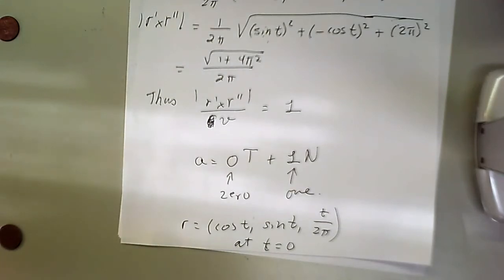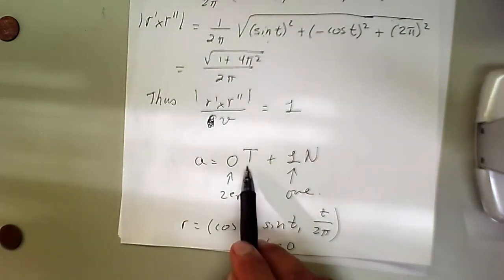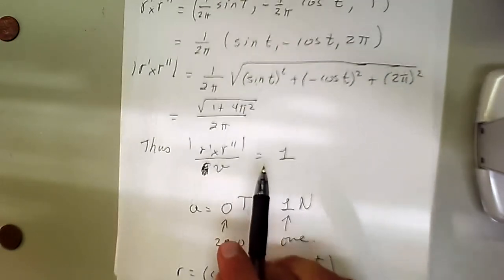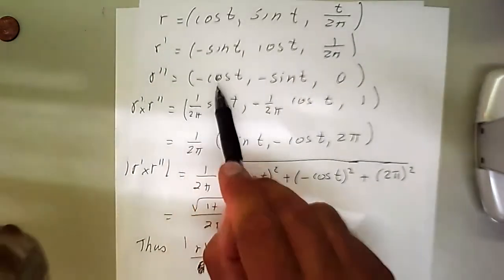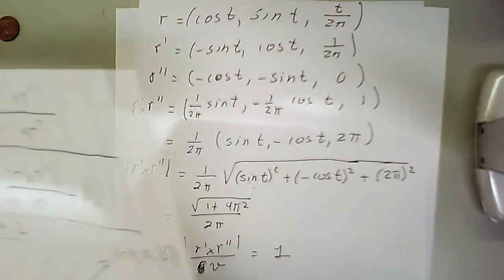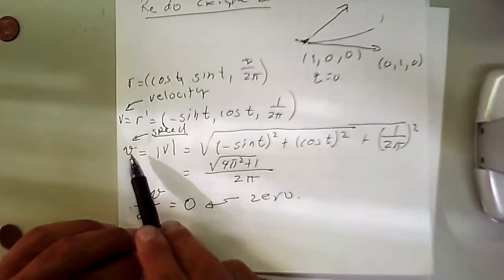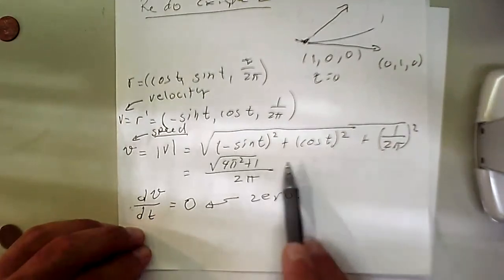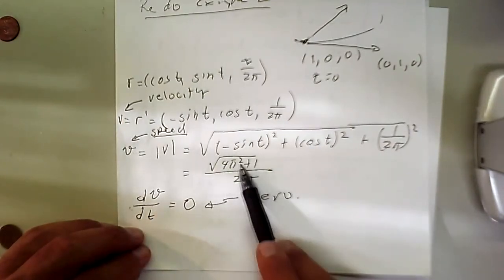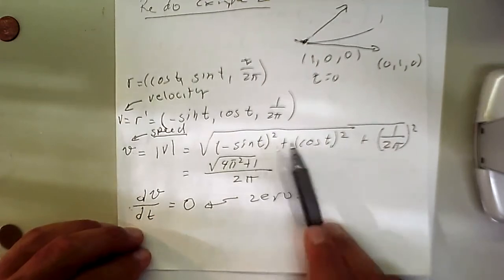I believe it is the same at any point. The tangential will not matter, because the speed is independent of t. We did not plug in t. This came out of the sine squared plus cosine squared regardless of the t.